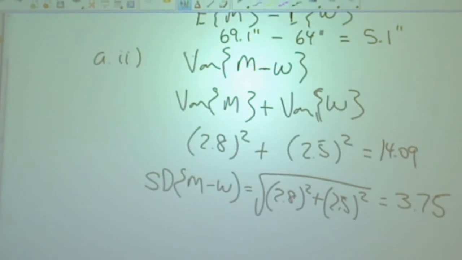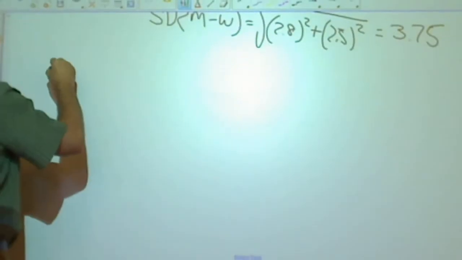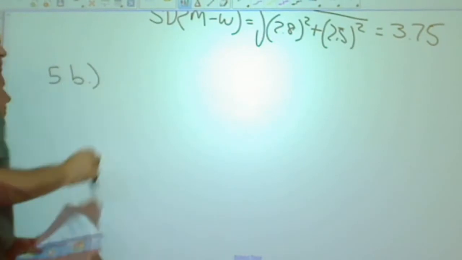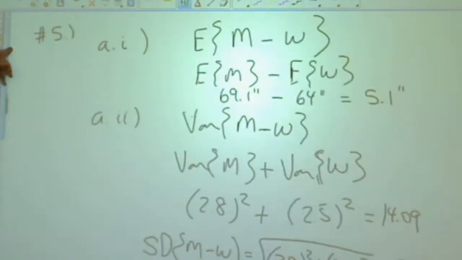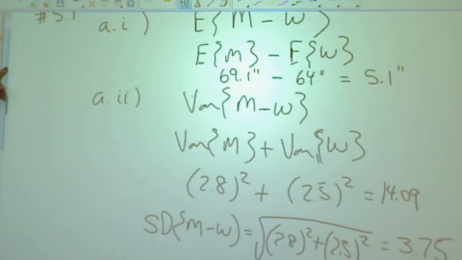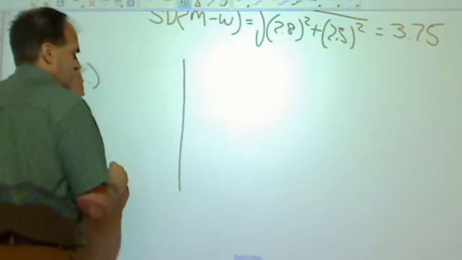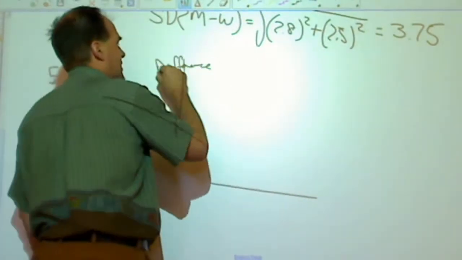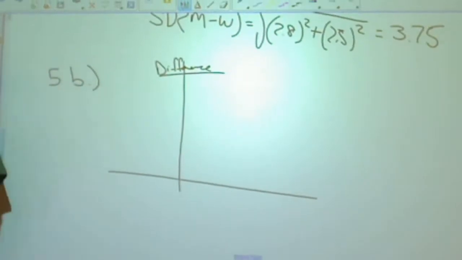Okay, what about B? We just calculated the mean and standard deviation of their difference, so we could generate a normal model of that. If I put a problem like this on the test, I'd say the difference is also a normal model. I would have added that.